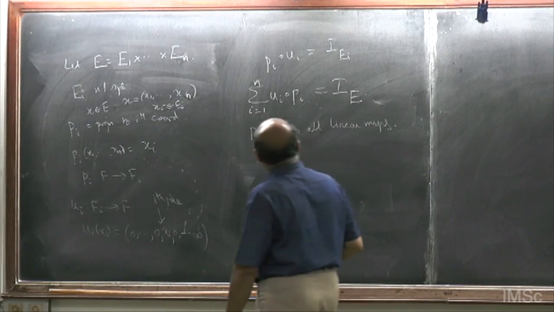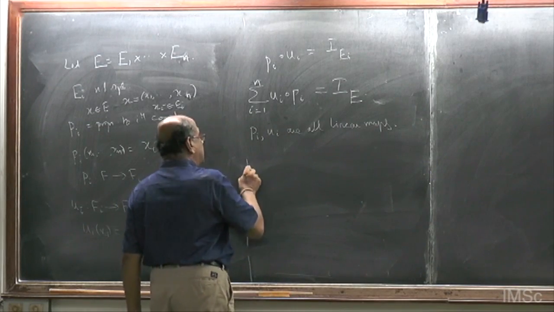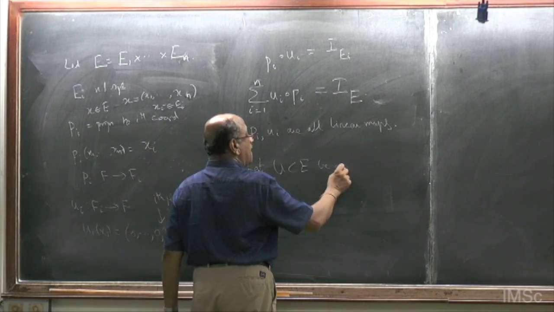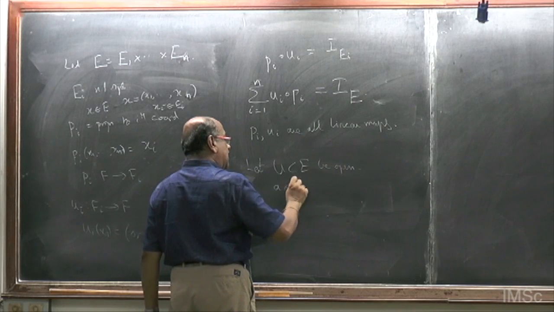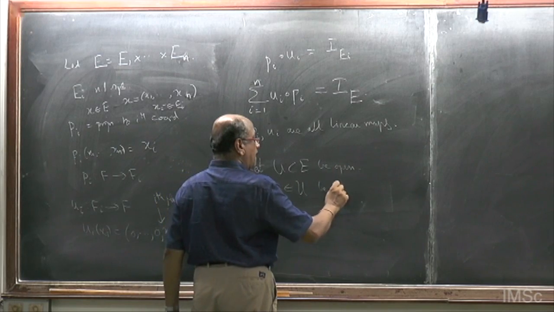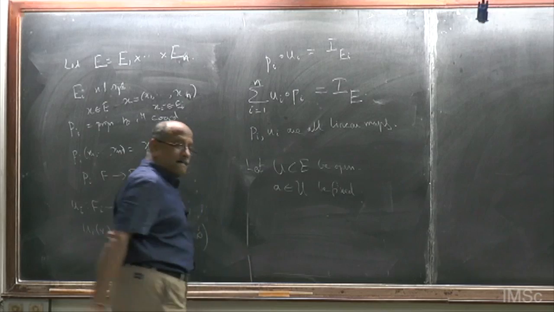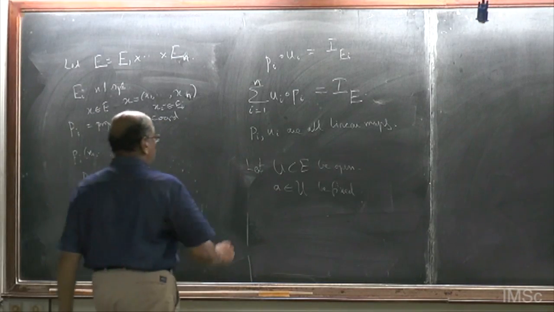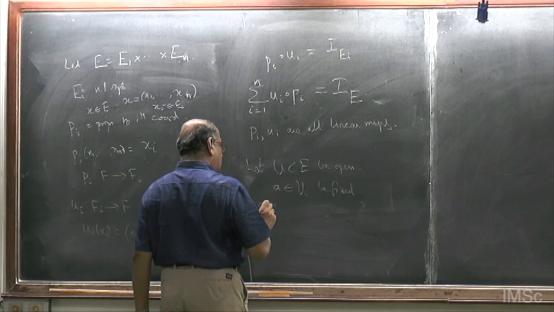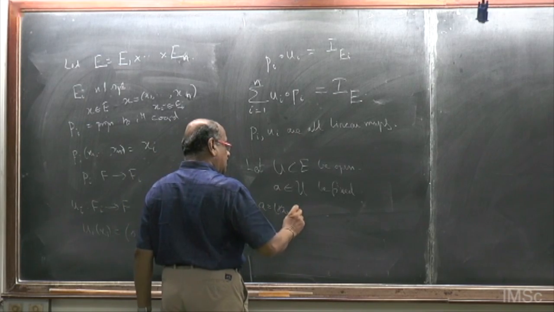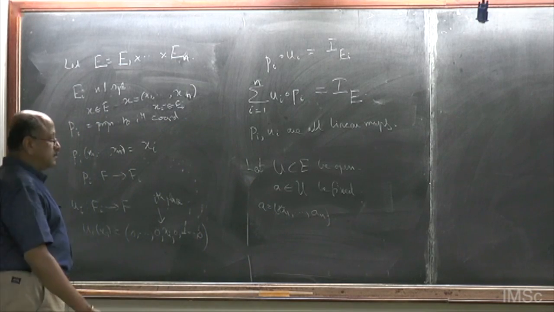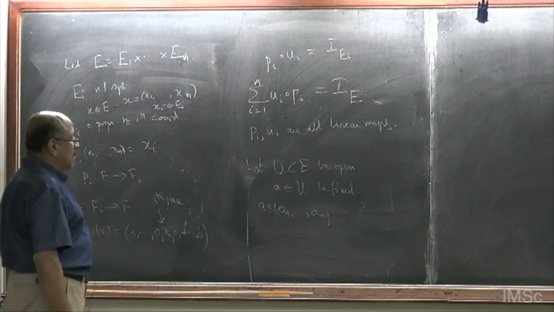So, now I am going to define. So, let U contained in E be open and A in U be fixed. So, A equals A1 to An.